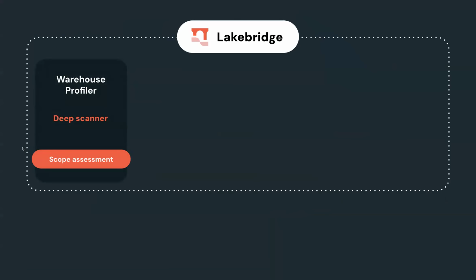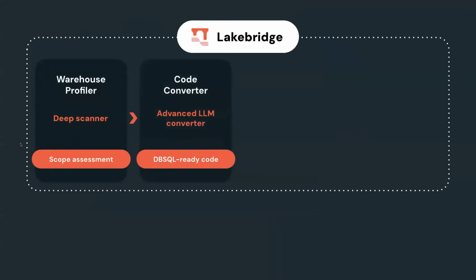We have profilers, so you can understand usage, where tables are being used and how. Then we have the code conversion part, which is starting to become agentic, and some of what I'll show later is maybe a step further of that. Lakebridge out of the box has agentic capabilities, and it generates ready code for you.